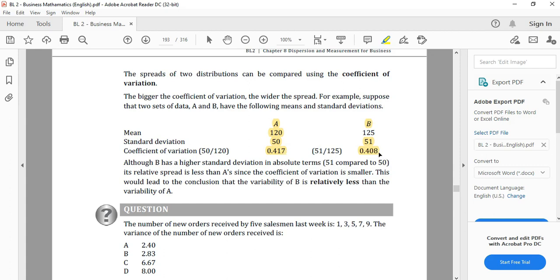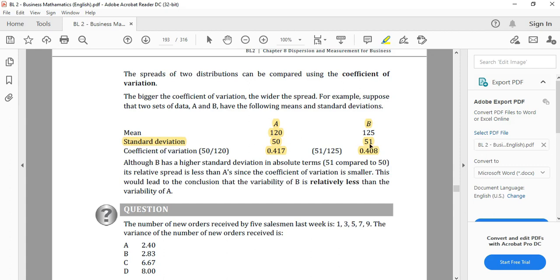That is what they mean by 0.408 and 0.417. So which is the closest data set to the mean? B's data set. Now, standard deviation is also a measure of the difference between the average and the actual values.